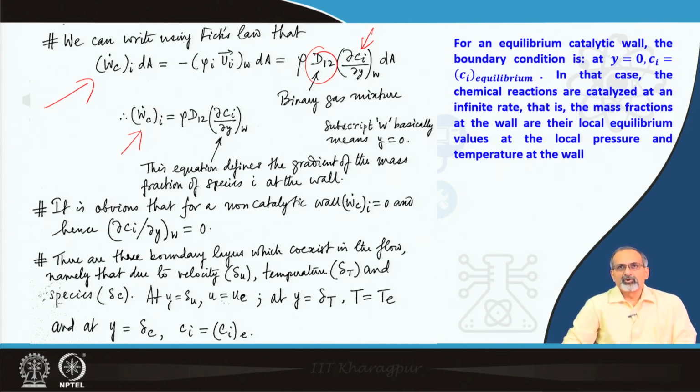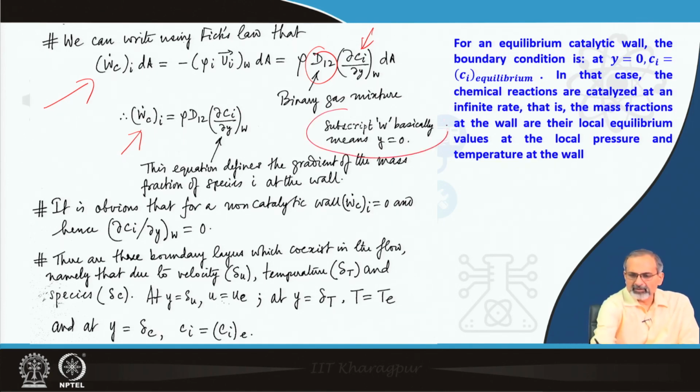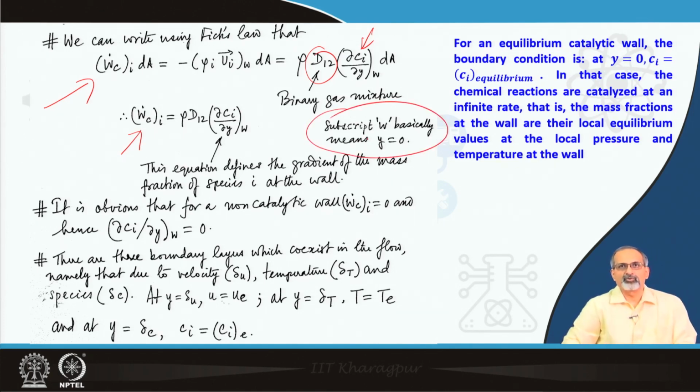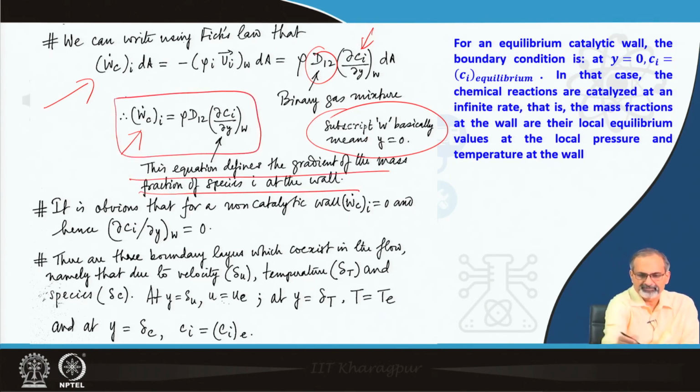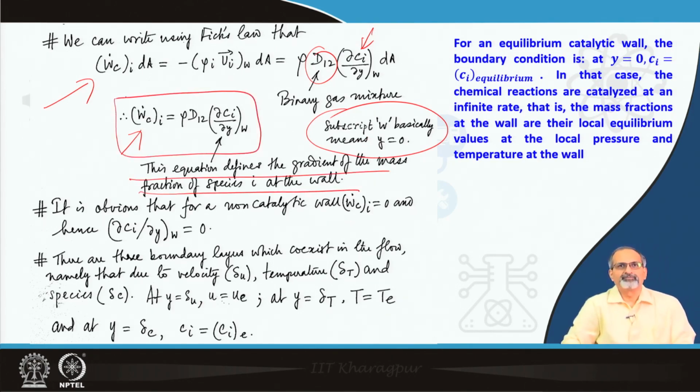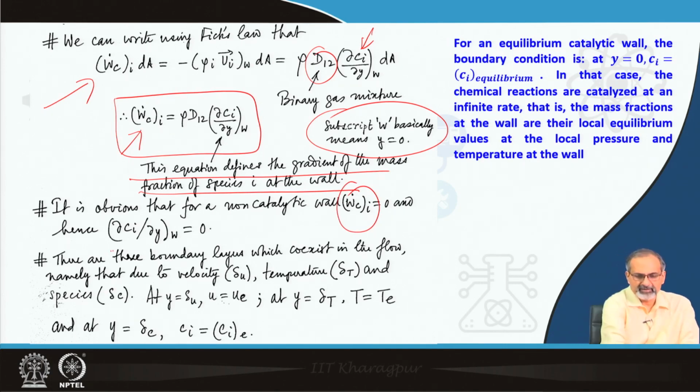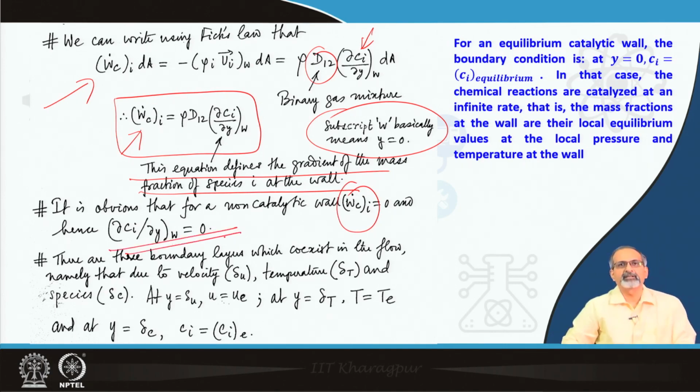The subscript w basically means that we are at the wall, that means y equal to 0. So, this equation basically defines the gradient of the mass fraction of the species at the wall. It is obvious that for a non-catalytic wall, this w dot c i would be 0, and hence the gradient of the mass fraction will go to 0.